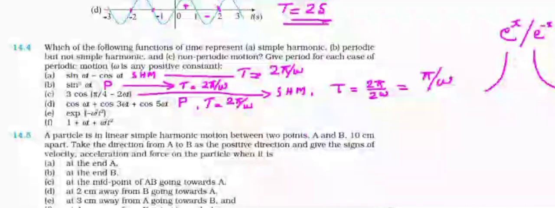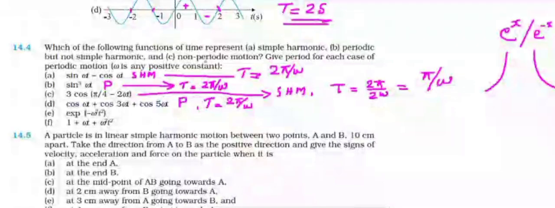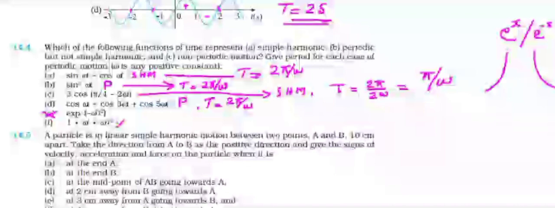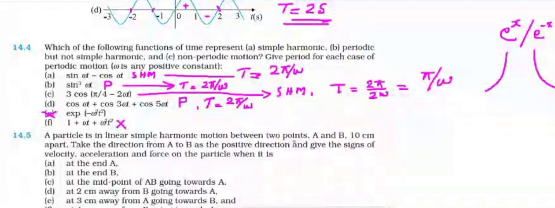There is no element of any repetition there. In such a situation, we can say this function is neither oscillatory nor periodic. The same is applicable for the last case also. There is no sine or cosine, so it is not at all periodic and oscillatory.